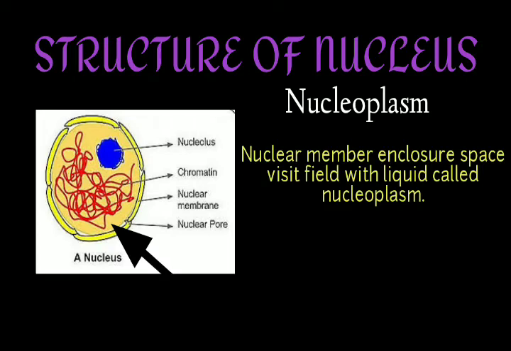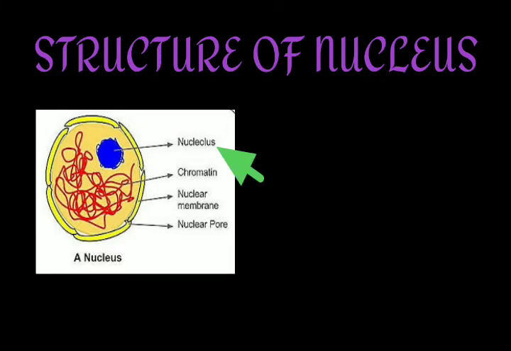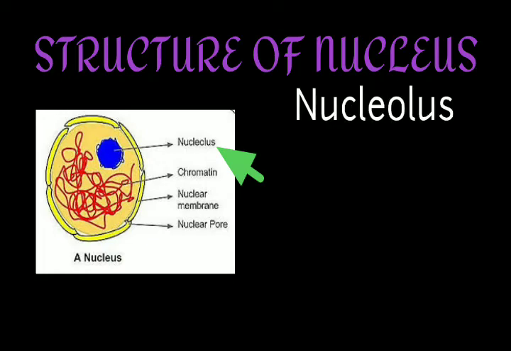It is colorless, but it is thicker, right? And in this nucleoplasm, what is present? The main informative component, that is called chromatin material. And yes, one more small ball is present in this bigger ball. That small ball is known as nucleolus.